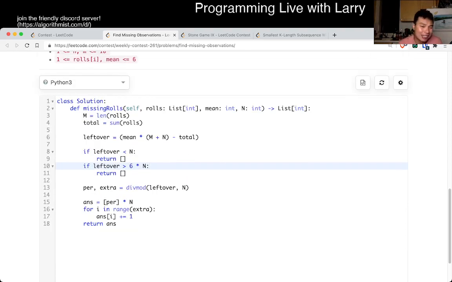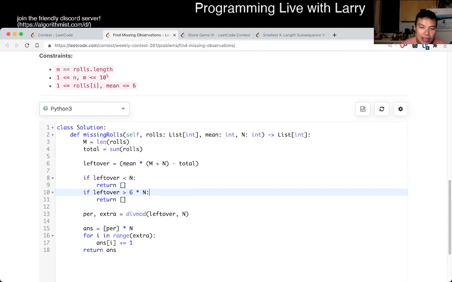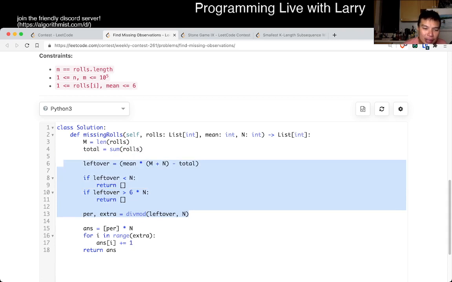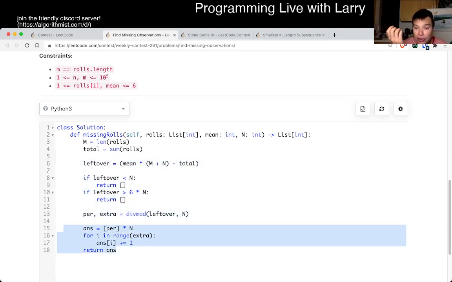In terms of complexity, this is a little bit tricky to analyze, because this is O of m for this sum, and these are O of 1, but this part is actually a function of the number n, which means it is technically exponential, because the input size n is represented by log n bits, and 2 to the log n is equal to n.